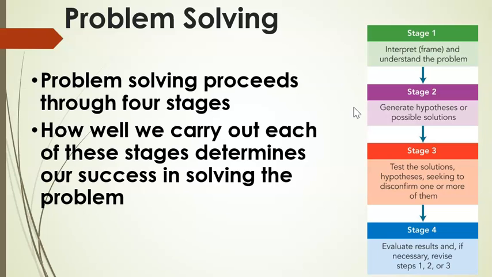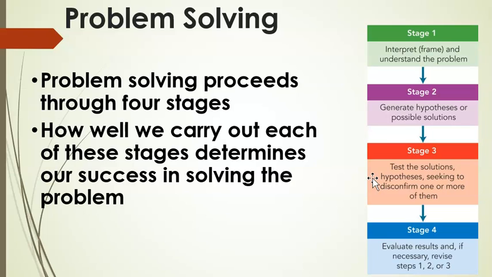Not all your problems are going to be a scientific type of thing. It could be a problem of where you want to eat for dinner, something like that. But you will always go through these 4 stages, whether or not you consciously think about going through these stages. This is what everyone does when they're trying to solve a problem.